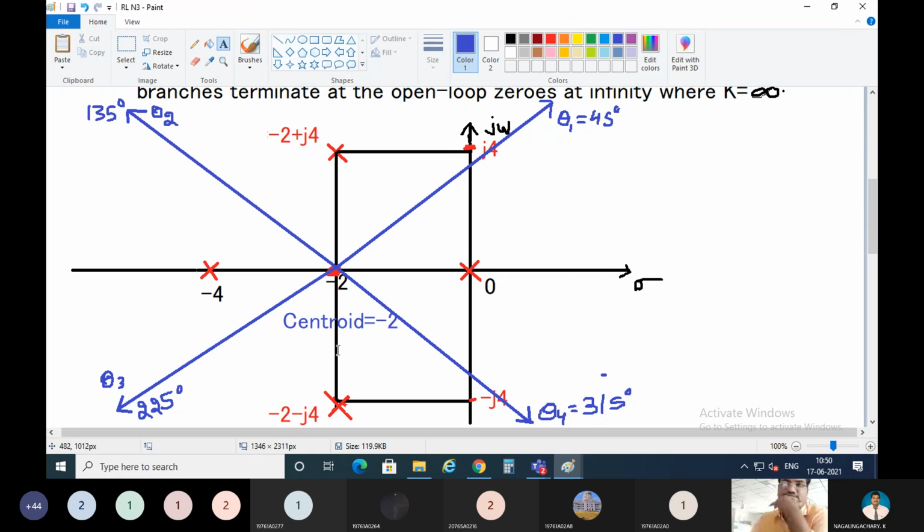Like this you can represent. Did you understand how to draw the angle of asymptotes? From the centroid, the point of intersection of the asymptotes on the real axis, the asymptotes are indicated.